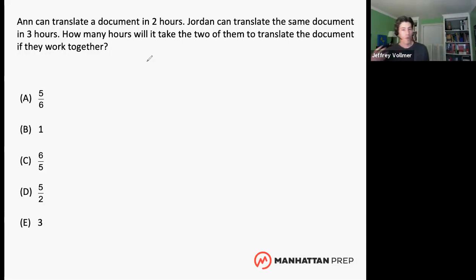Okay, we're going to solve this the textbook way in a second, but I think it's valuable to think about the general logic behind some of these working together problems. Ann and Jordan are teaming up and working together, and you should assume on these problems that they don't get in each other's way.